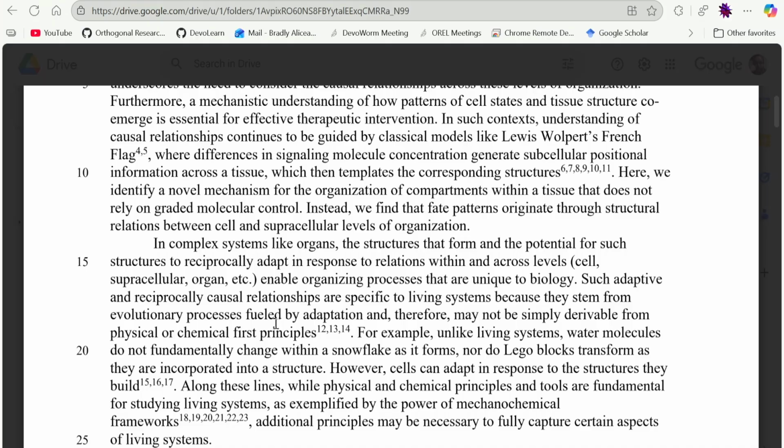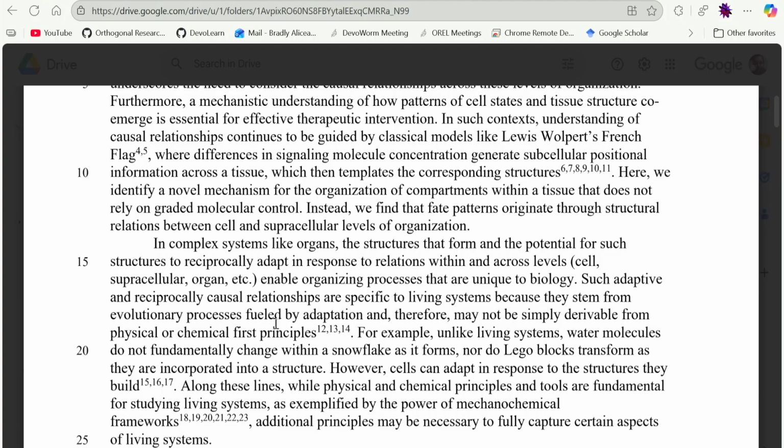So basically, we have the cell, which is at this lower level of organization, and the supracellular, which is this higher level of organization. And I think what they're doing is thinking about this in terms of complex adaptive systems. So you have these lower levels, and they inform the structure of the higher level, but the higher level then constrains the lower level.